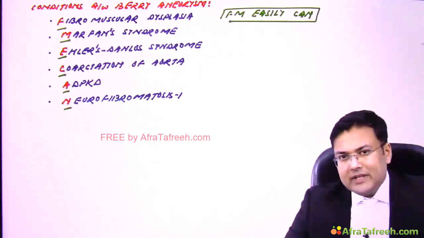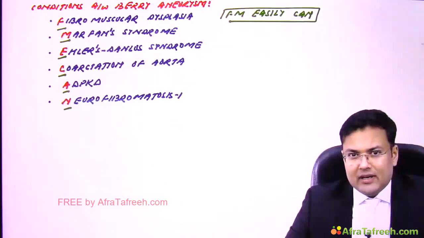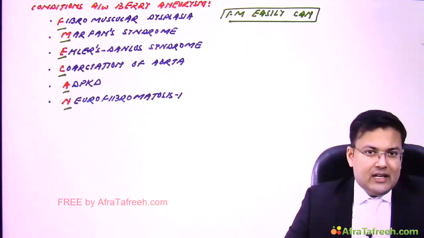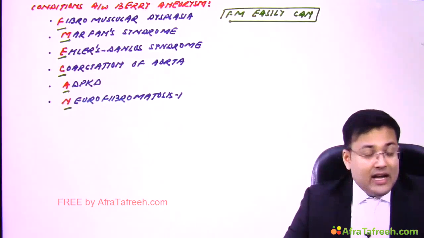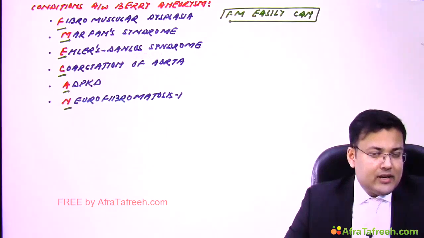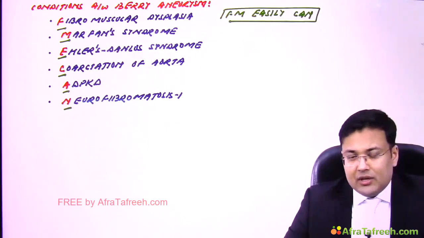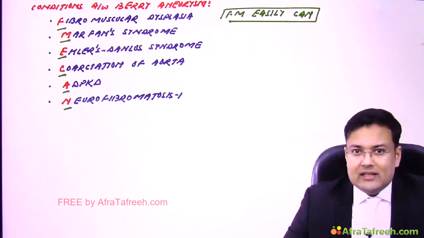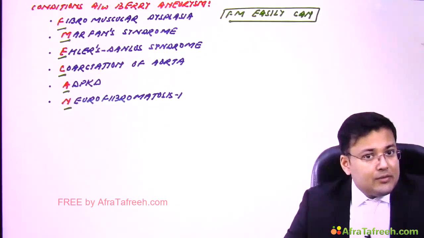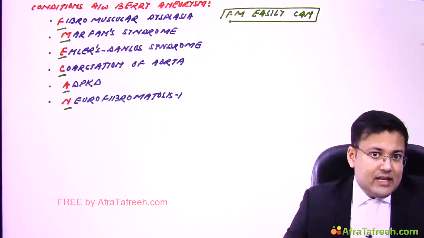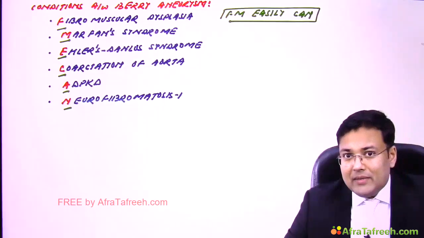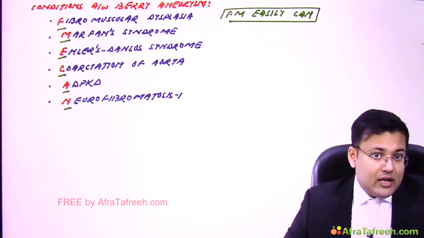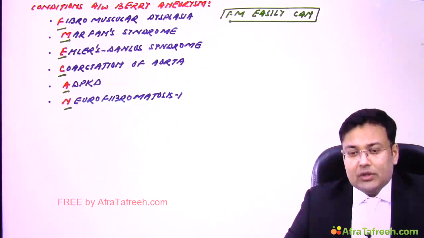Now see, there are two presentations of Berry aneurysm. One, it is diagnosed incidentally on radiological investigation and the patient is completely asymptomatic. So if it is unruptured, the patient is completely asymptomatic and it is detected incidentally. If there is rupture of Berry aneurysm, we discussed that it can lead to intracerebral hemorrhage, it can cause subarachnoid hemorrhage, or it can lead to both.